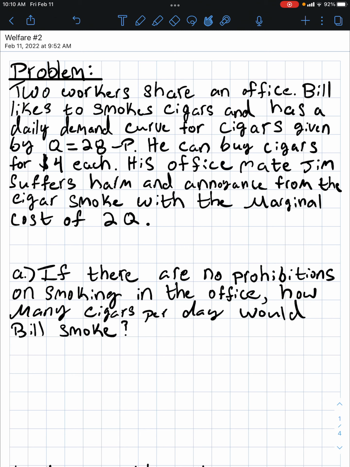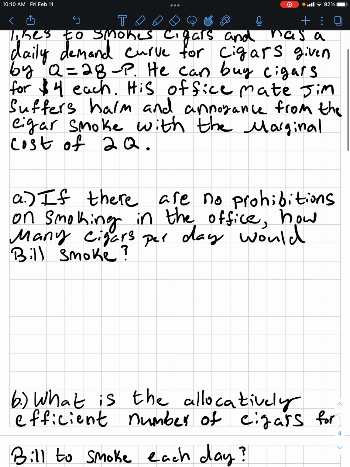So part A. If there are no prohibitions on smoking in the office, how many cigars per day would Bill smoke? To solve this, we need to find the competitive equilibrium.